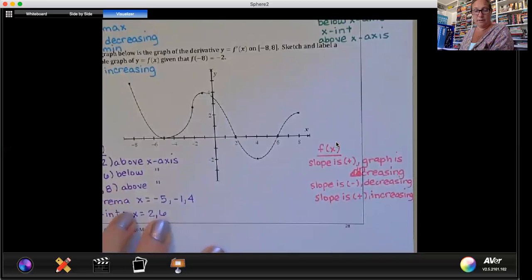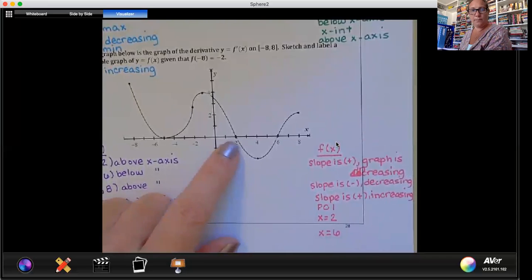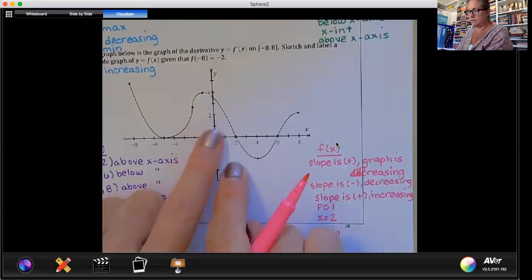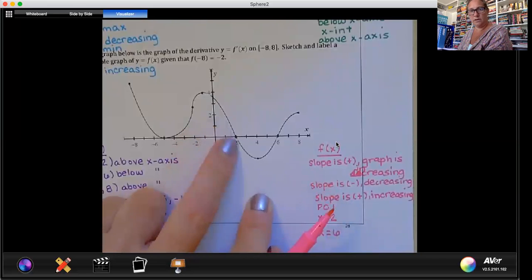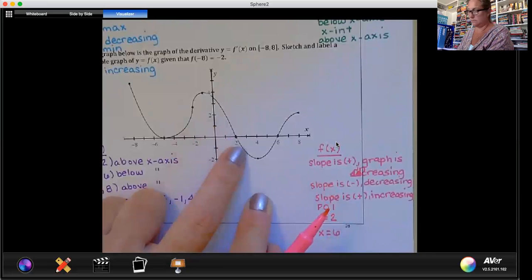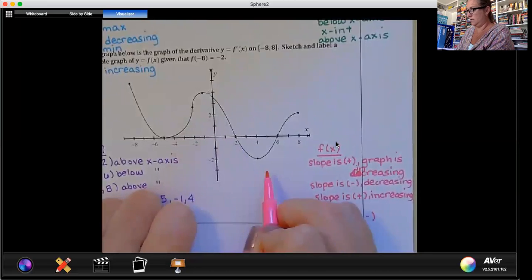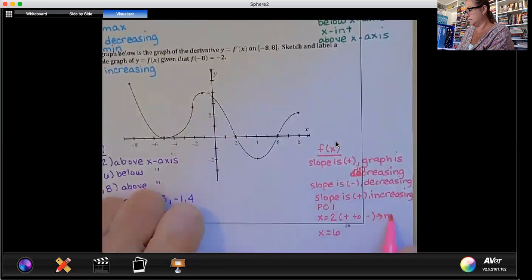The extrema will mean points of inflection on f of x. And the x-intercepts, x equals 2 and x equals 6. At 2, you are going from increasing, positive, to decreasing, negative. So increasing to decreasing is a max.